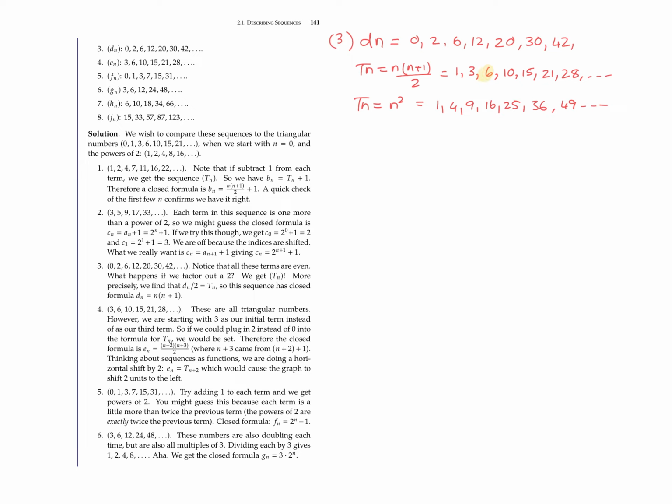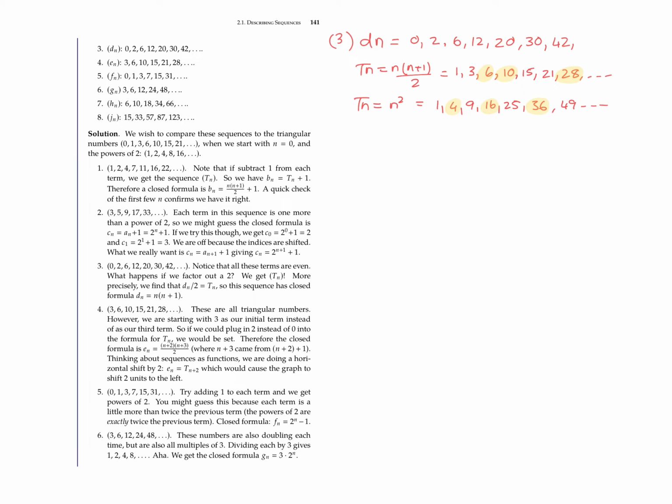So we've got 6, 10, 28, 4, 16, 36. Okay, that is very interesting, I would say. Now let's see, how do we find it? What happens if for these even numbers over here, we factor out the number 2?